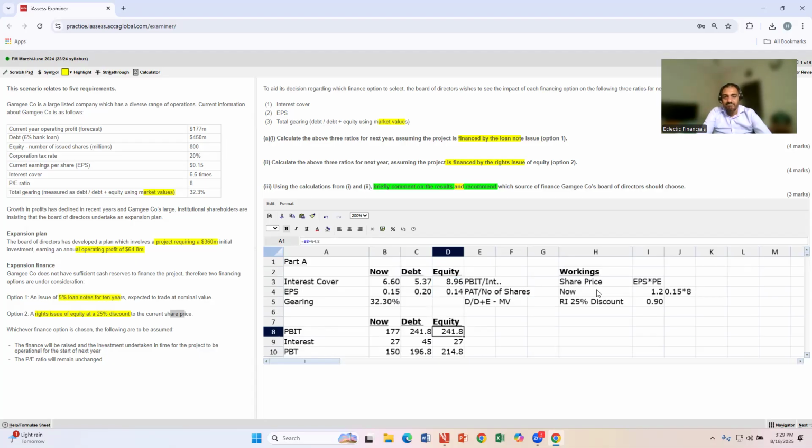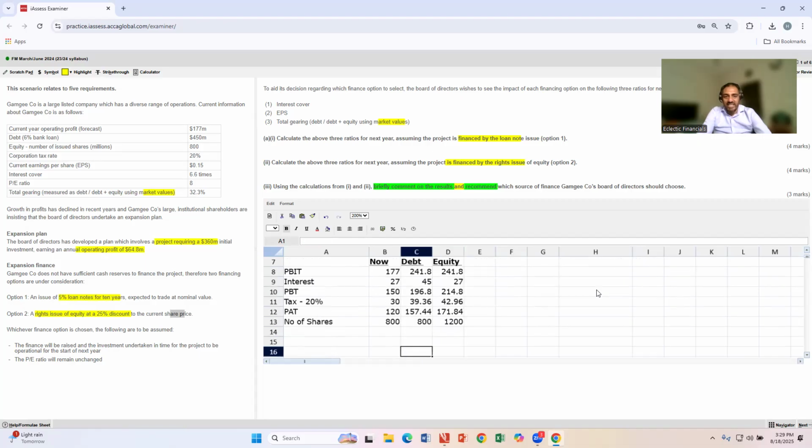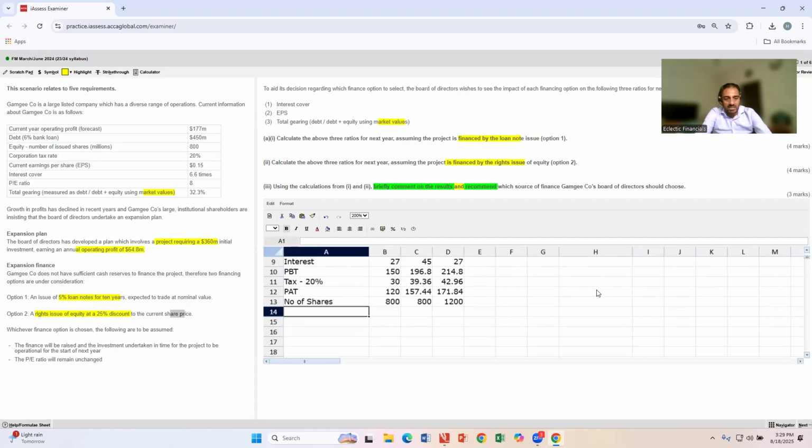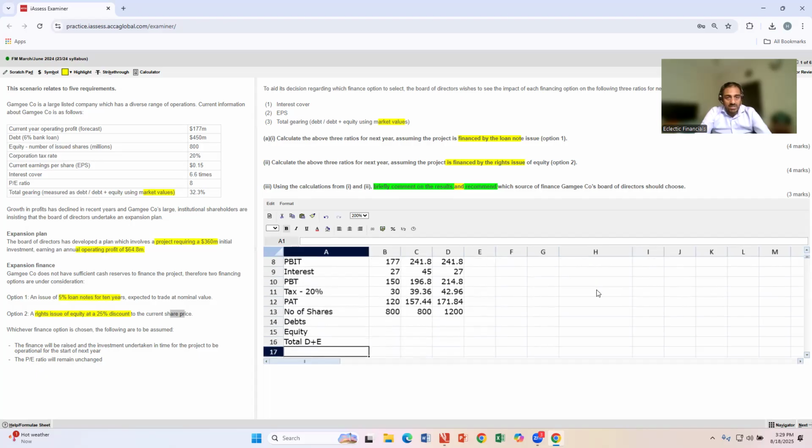That's a point. But still there is a game, that is about the gearing. For gearing, we require what? Debts, equity, and total, debt plus equity. You have only 14 to 15 minutes to complete this question, the calculation part.